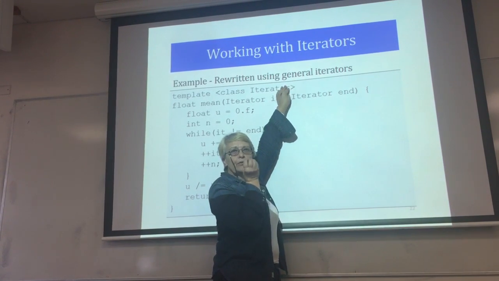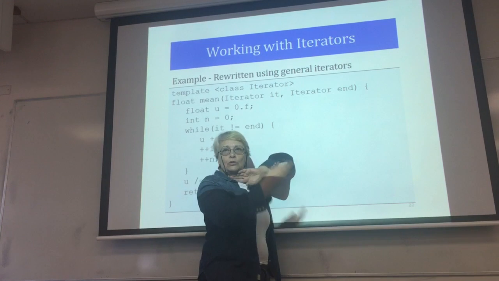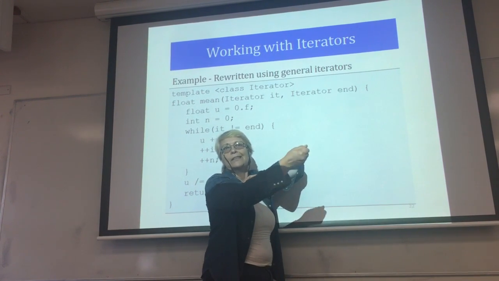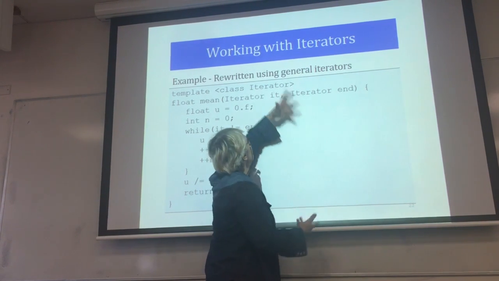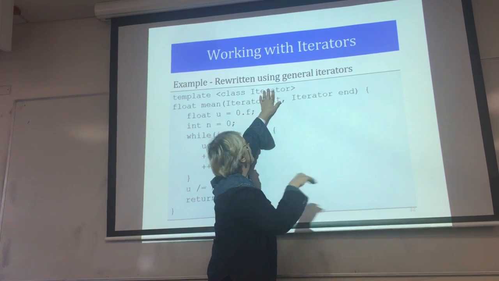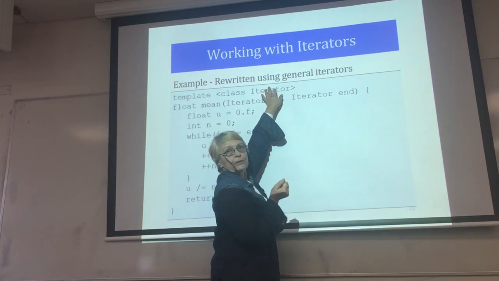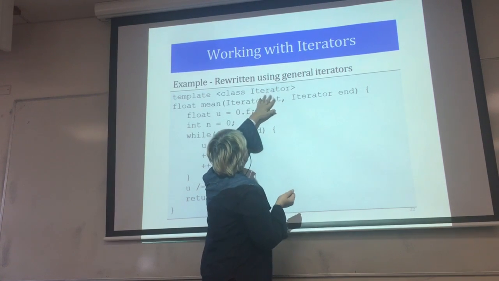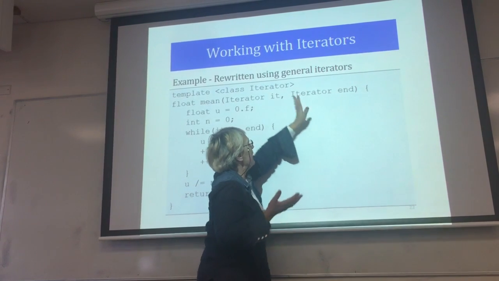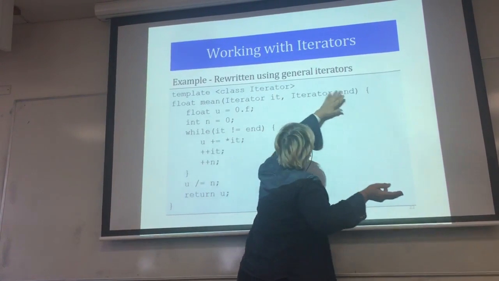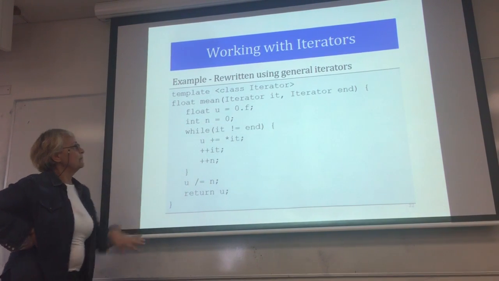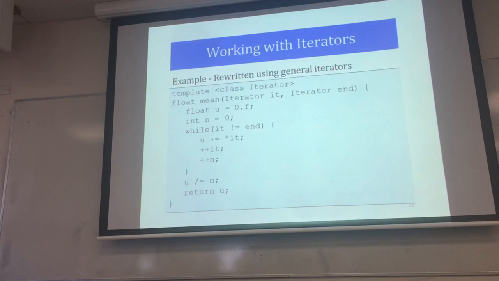The only condition for that name will be to be able to move through each element forward and read the data in that location. So our function will work for all iterators which are output iterators, because we need values there. And we specify begin and end. These are names you choose. It should be of this type. And this is exactly what we have seen before in terms of code.